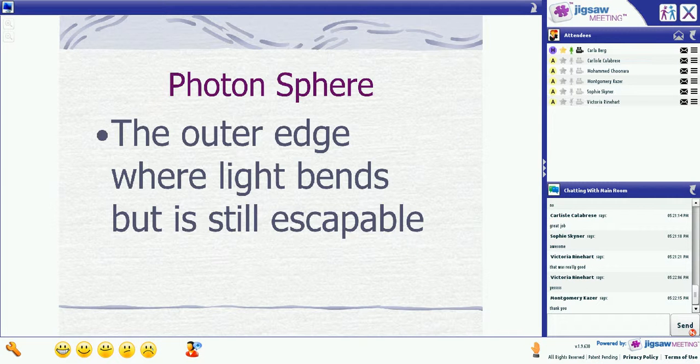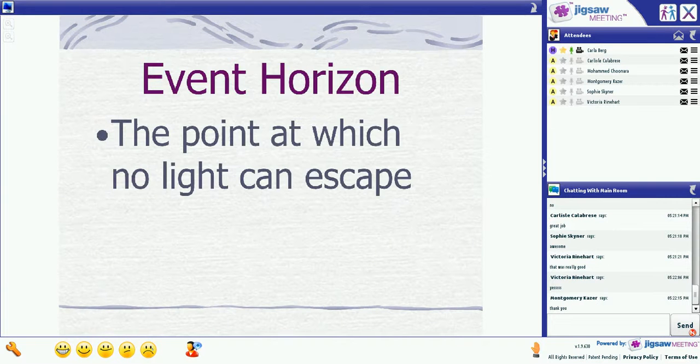The outer edge of a black hole is called a photon sphere. The photon sphere is the outer edge where light bends, but still escapes. The event horizon is part of a black hole, and it's the point at which no light can escape anymore.